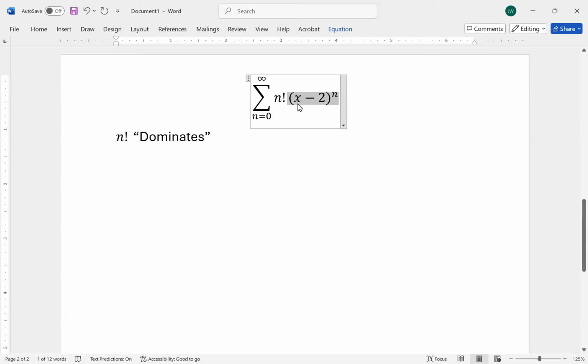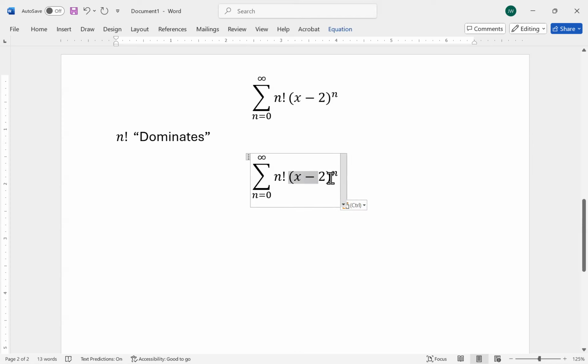No matter what I plug in for x, this is exponential. So obviously this is the same sum other than where we're centered. And so I know the infinite summation of n factorial diverges.